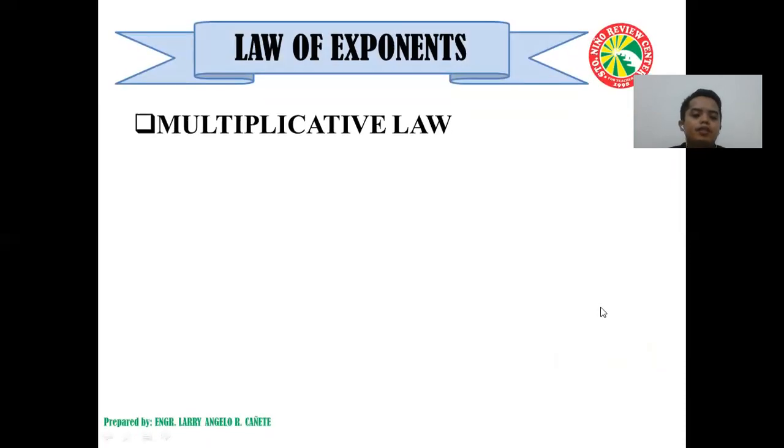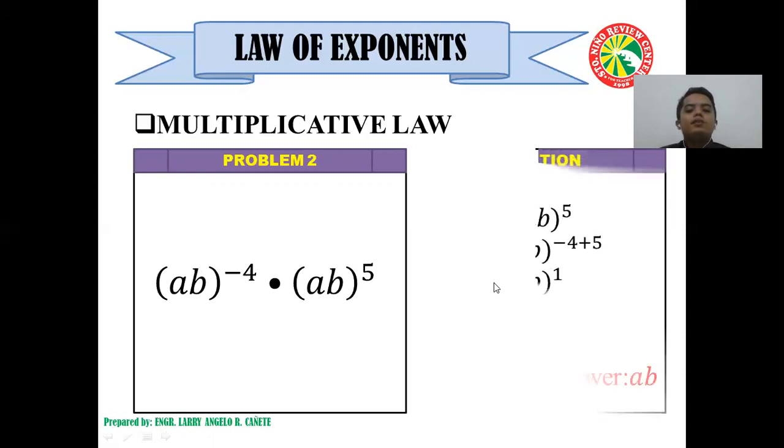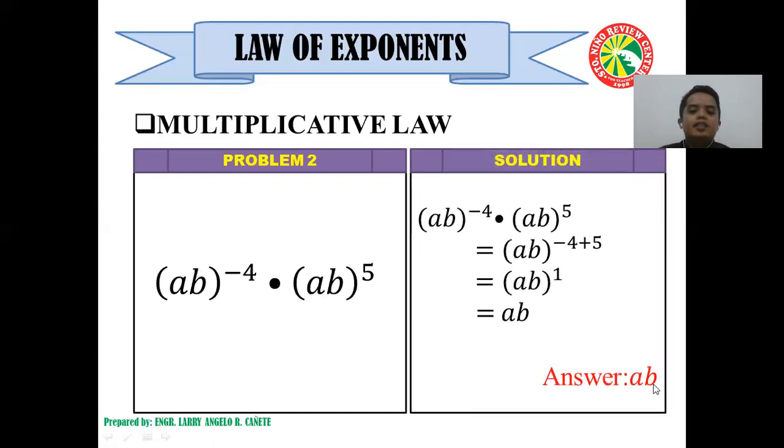Next. Another example here: the quantity ab raised to negative 4 times the quantity ab raised to 5. So this ab now would be your base. Same with here, so the base is ab. First, you need to check their bases.